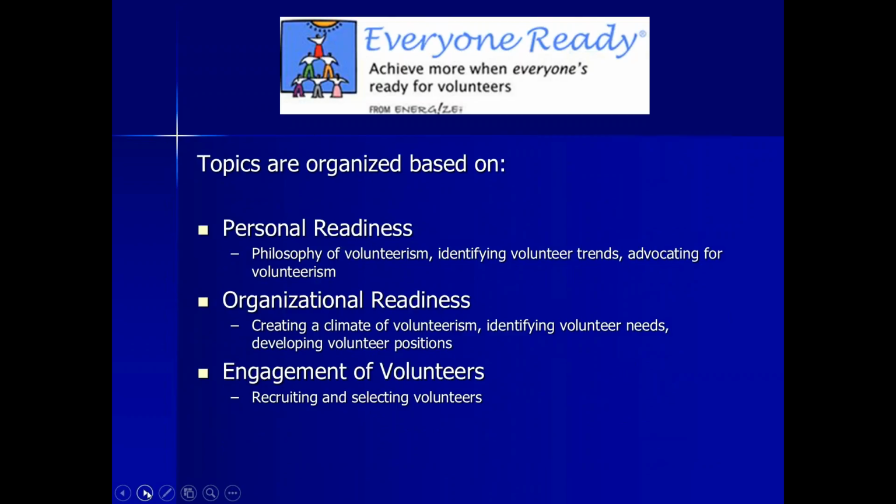I'm using these next two slides just to highlight all of the different categories that are covered and the topics included in each of those larger categories. All are related to volunteer management and provide you with tools to support your work. So the main categories related to volunteer management are personal readiness, organizational readiness, and engagement of volunteers.